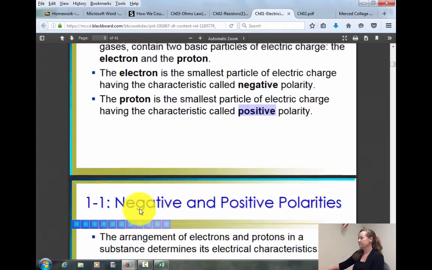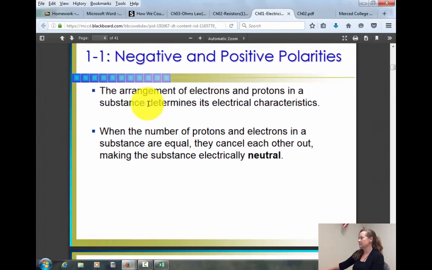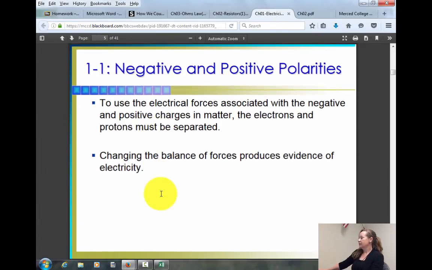The arrangement of electrons and protons in a substance determines its electrical characteristics. And if they're equal, then it's neutral and it doesn't have a charge. So to use the electrical forces associated with the negative and positive charges in matter, we have to separate the electrons and the protons. Changing this balance of forces produces evidence of electricity.